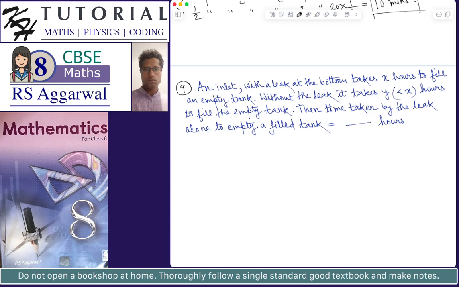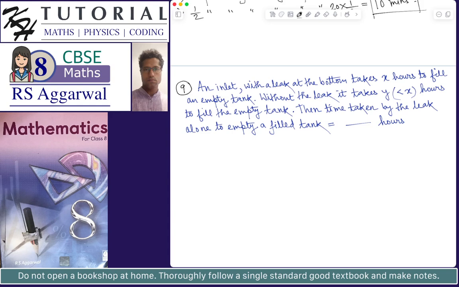Now it is asking the time taken by the leak alone to empty a filled tank. To find that, we need to first find the work done by the leak in 1 hour. Obviously that will be negative.